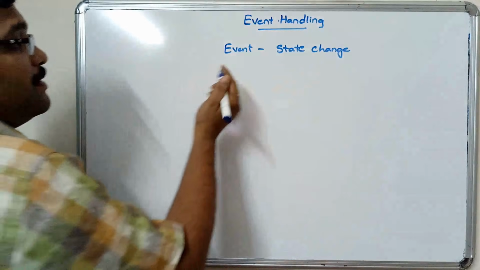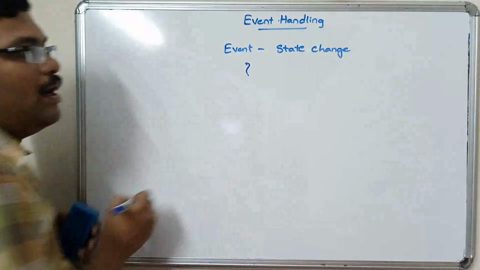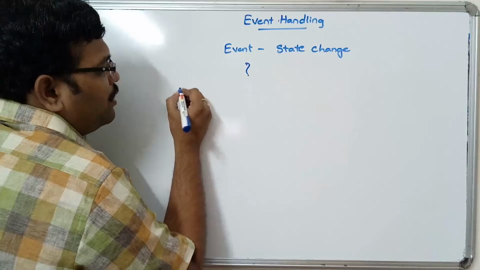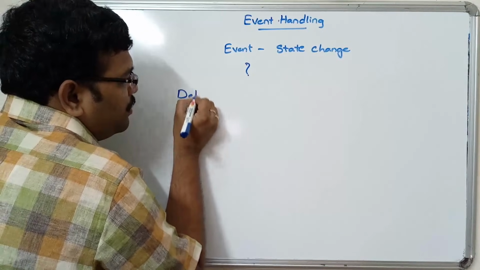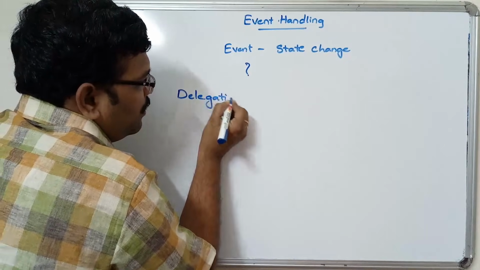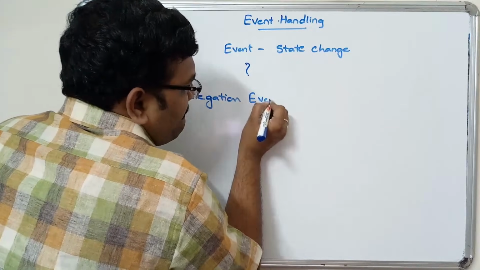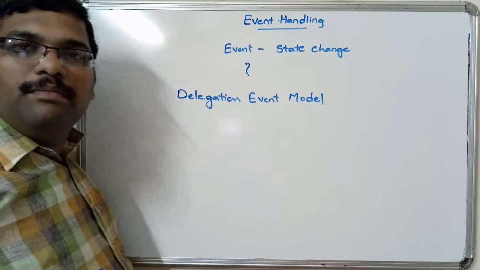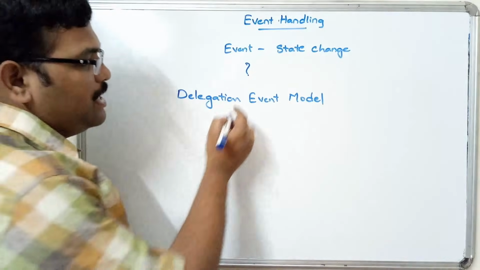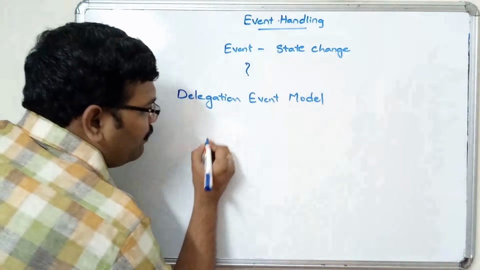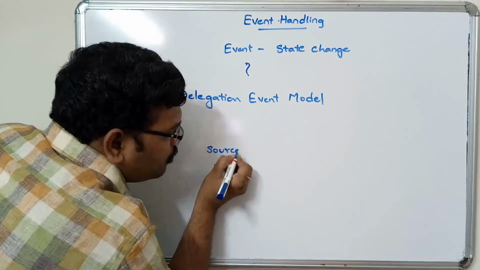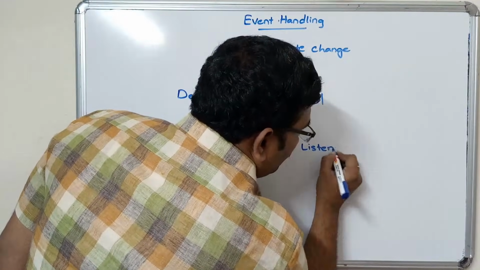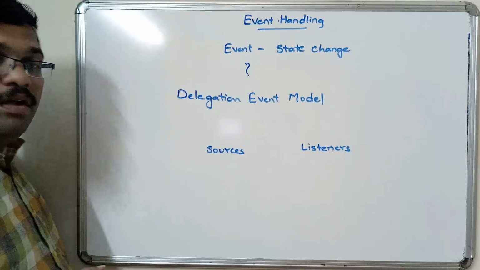See, how we have to handle these events. For this we will follow a model called delegation event model. So in this delegation event model there will be sources and there will be listeners, right?